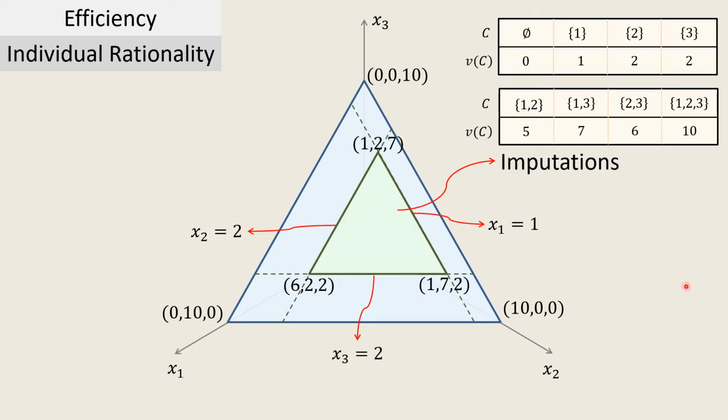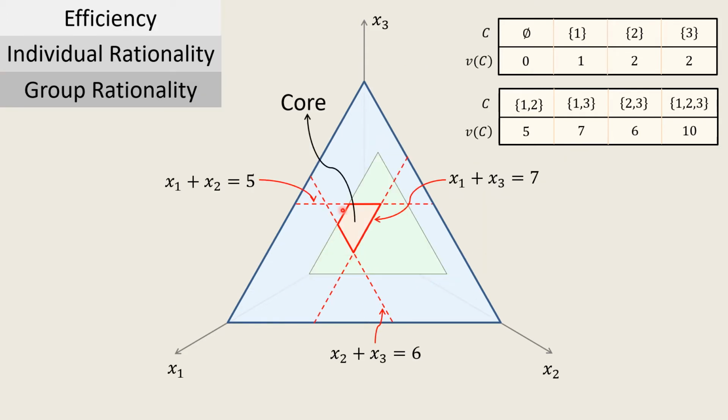This green triangle is the set of individually rational payoffs, that is, imputations. And this red trapezoid is the core, which represents the set of imputations which are also group rational.